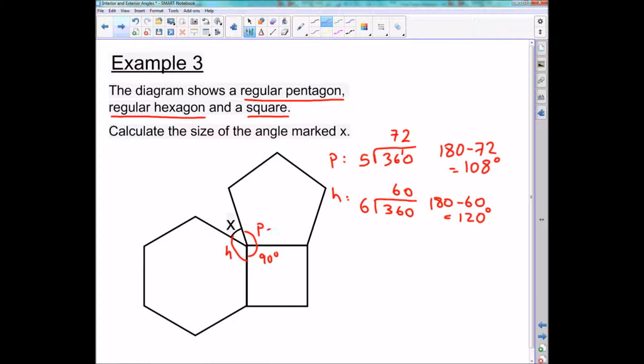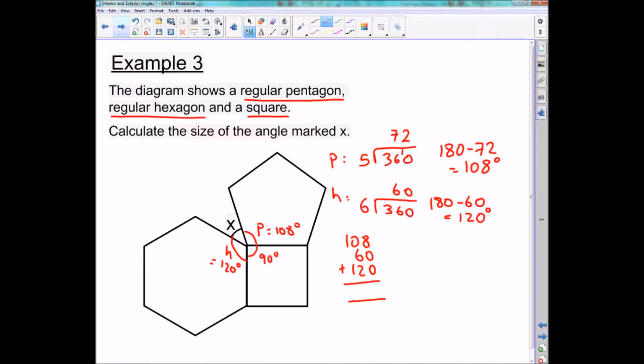So I know that P is 108 degrees, and I know that H is 120 degrees, and I know that this full circle adds up to 360 degrees. So all I need to do is add up all of the angles that I know. 108, 90, and 120.